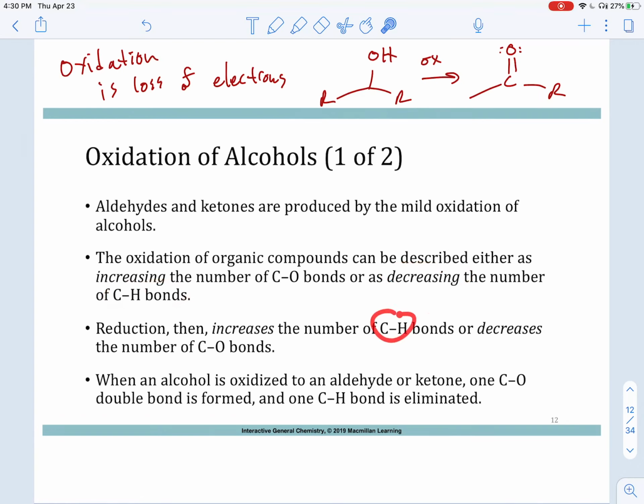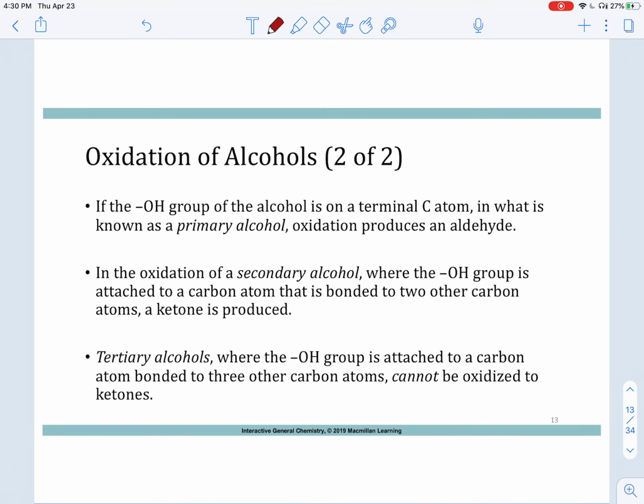Reduction means we're getting more CH bonds or less CO bonds. So when alcohol is oxidized to an aldehyde or ketone, we're actually forming one more of these and eliminating a CH bond, right? Because we had a CH bond here, and now we eliminated that CH bond in that oxidation process.